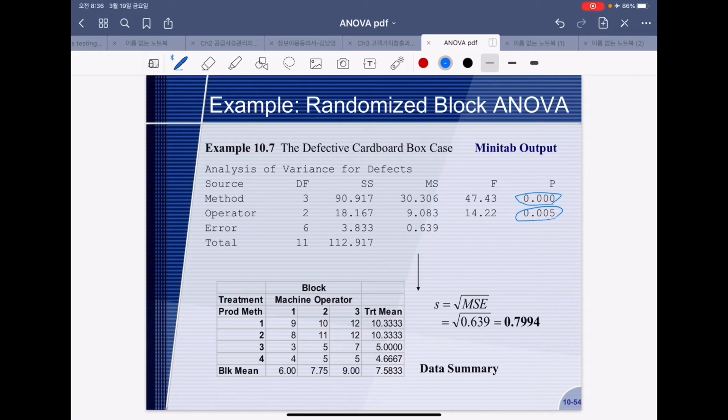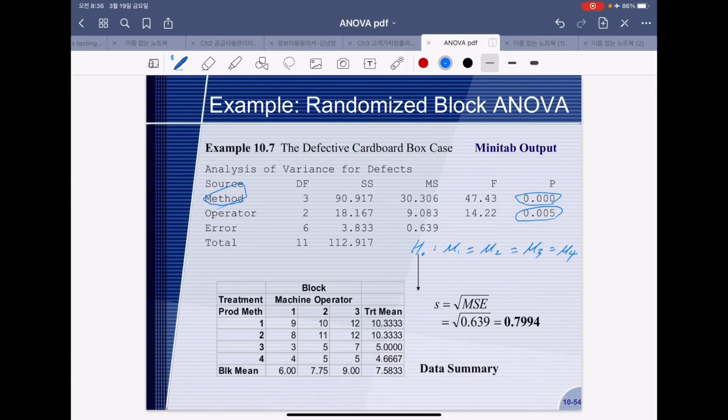So what is the hypothesis in this case? We had a hypothesis like this: the null hypothesis is mu1 equals mu2 equals mu3 equals mu4, since we have four methods.